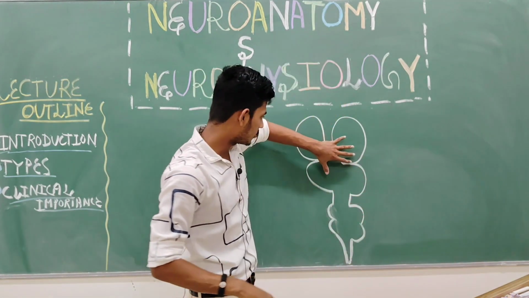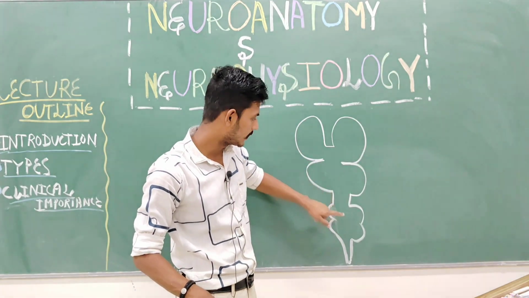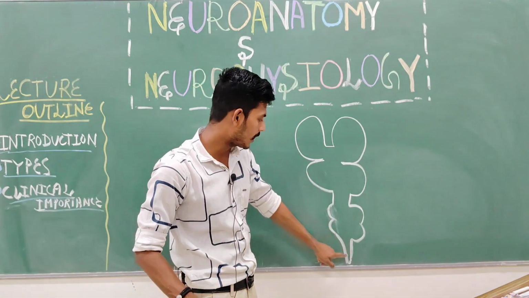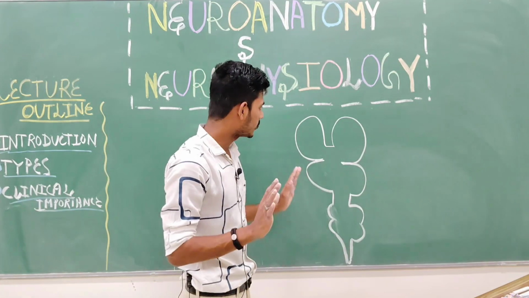And this is your cerebrum, midbrain, okay. Then pons, medulla, and this is the spinal cord. Understood?